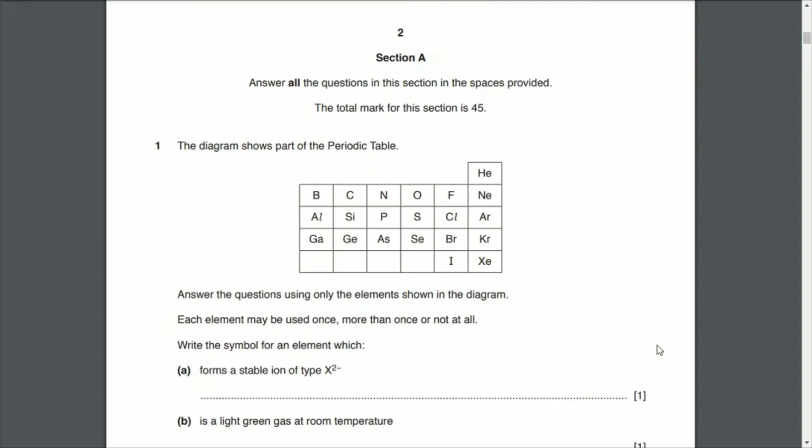Many times there is a periodic table, sometimes a whole periodic table, sometimes just a part of it, and you can check it out in other papers as well. This is mostly a mark-gaining question, very much so. Here you can get marks for sure.